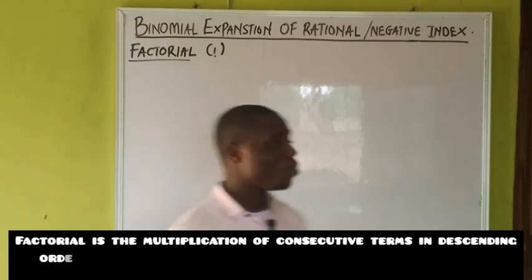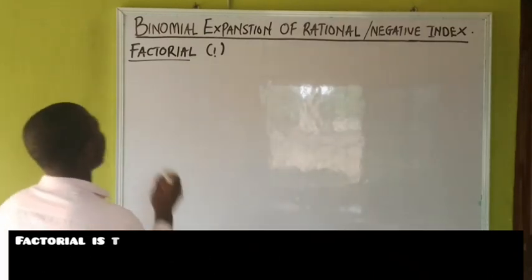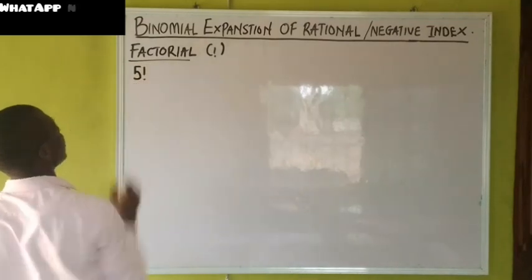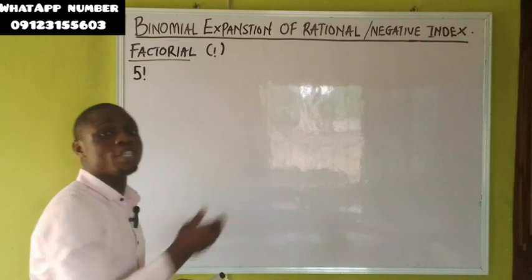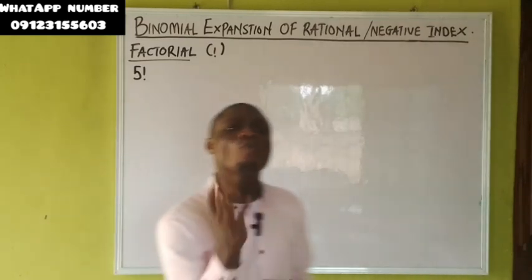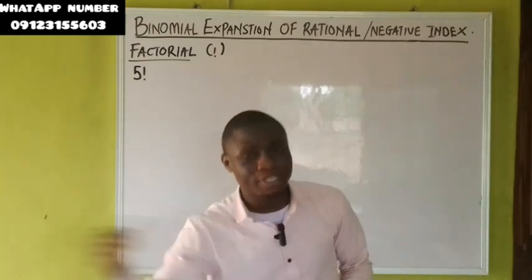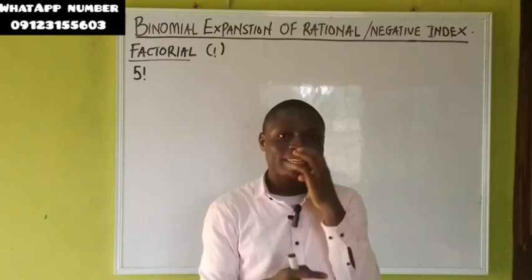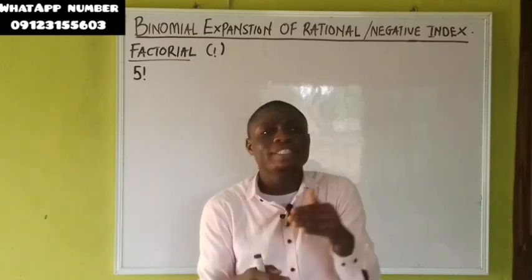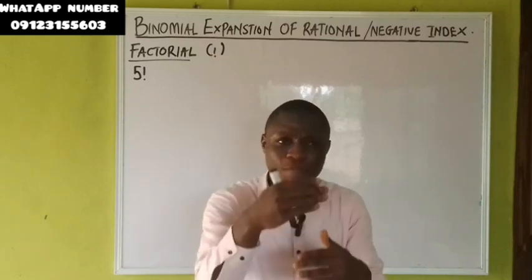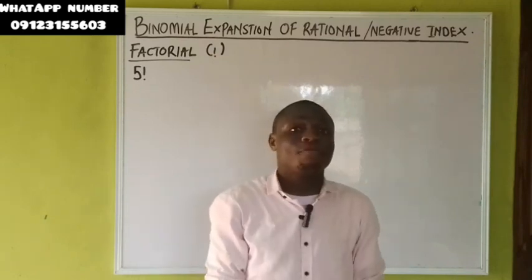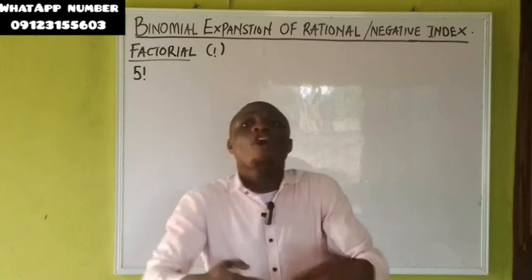If I have 5 factorial, what are consecutive terms? Consecutive simply means numbers that follow each other. 5, 4, 3, 2, 1 are consecutive. 1, 2, 3, 4, 5 are consecutive.